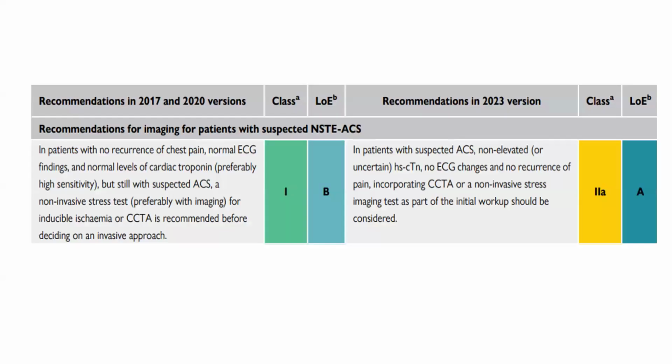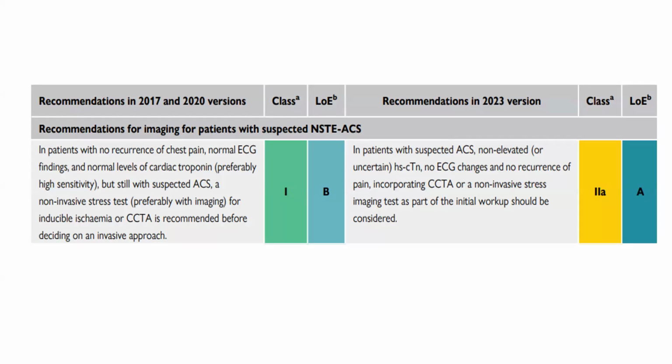Now, what recommendations were revised from the 2020 version? So in the 2020 version, we are going to look at the recommendations for imaging for patients with suspected non-ST elevation acute coronary syndrome.